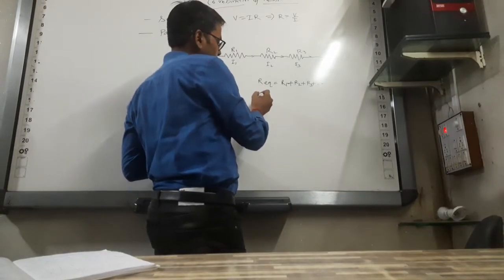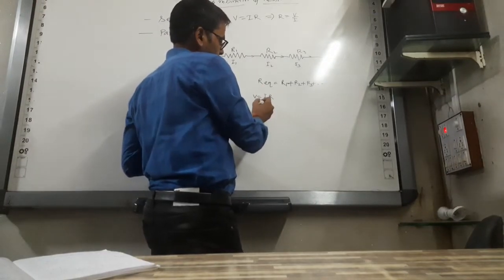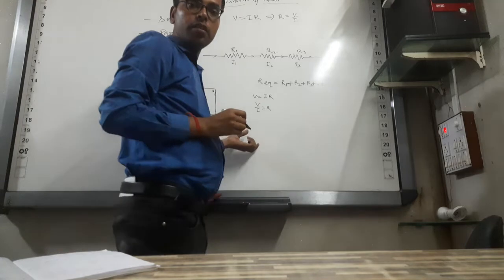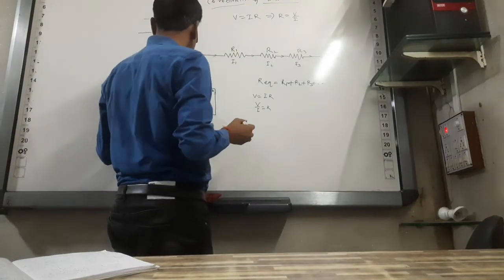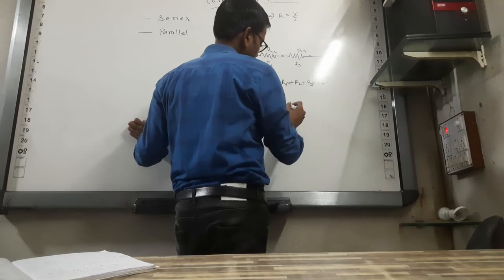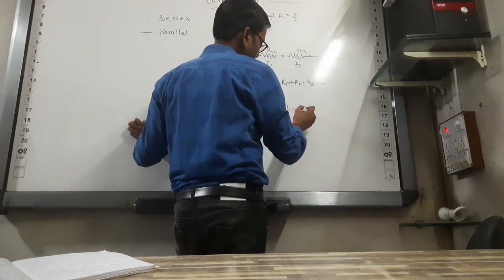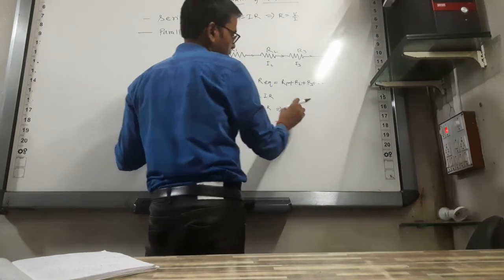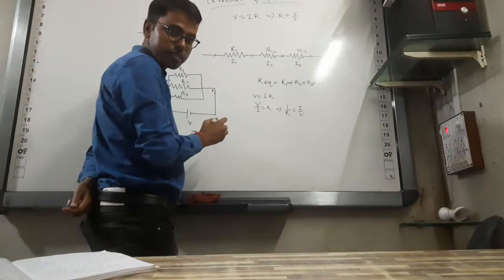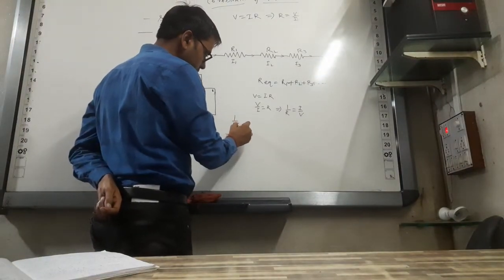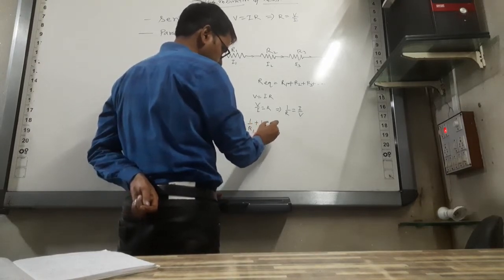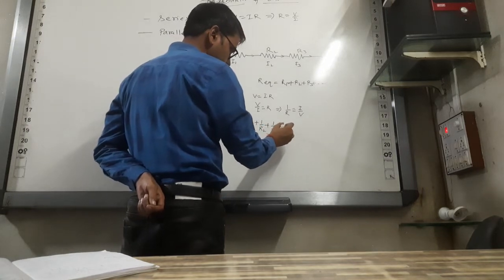From Ohm's law we know that V equals IR, so V by I equals R, and 1 by R equals I by V. Then the expression for equivalent resistance is 1 upon R equals 1 by R1 plus 1 by R2 plus 1 by R3 up to n.